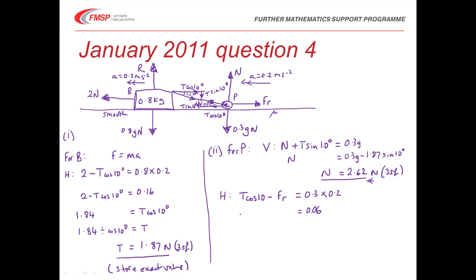And on the left, I know T, I know cos of 10, but actually, look over to the left here, T cos 10 is exactly 1.84. And that's minus the friction. Well, if I add friction to both sides, I'll have FR over here, and if I subtract 0.06 from both sides, it'll end up over here. Which means I can calculate the value for FR, 1.84 minus 0.06 is 1.78.